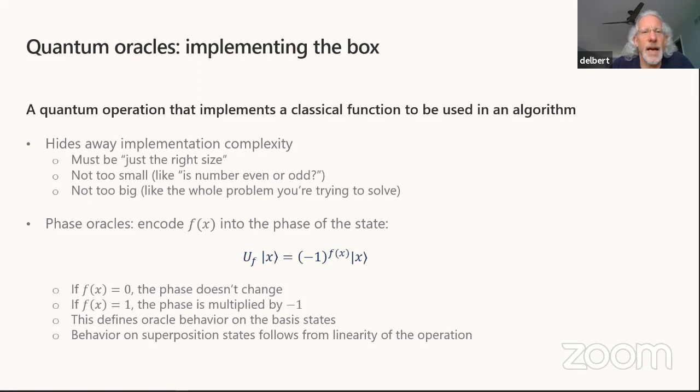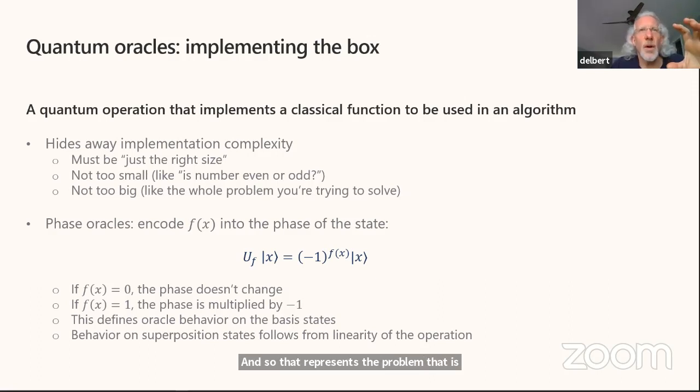So x is our input vector, and we're going to take -1 to the power f of x and multiply that by our x that was given to us to begin with. So this oracle is reversible, and that represents the problem.